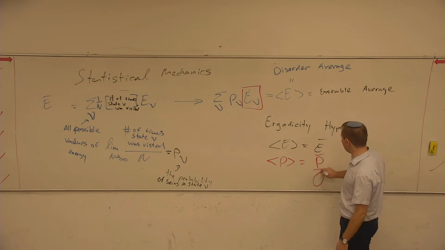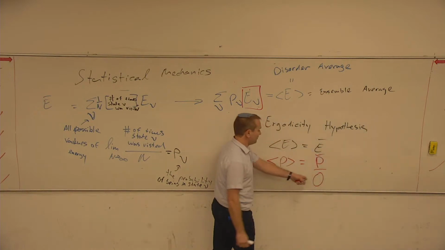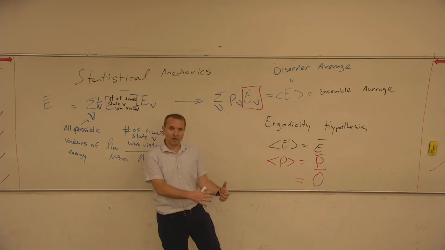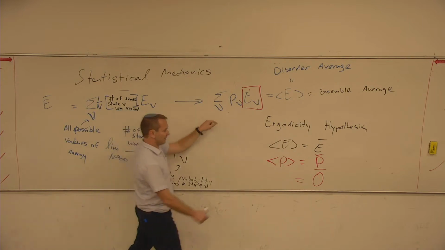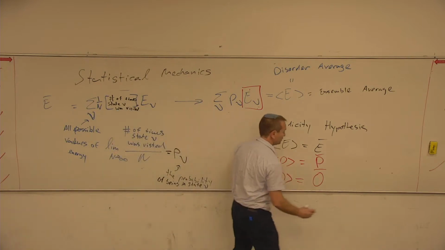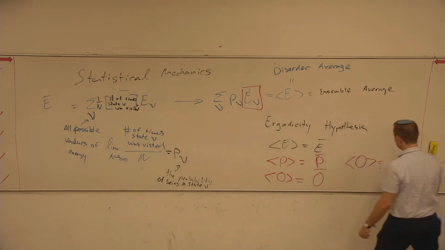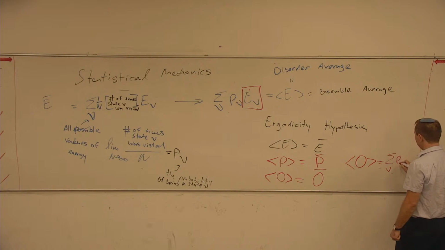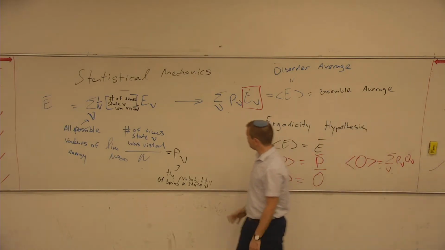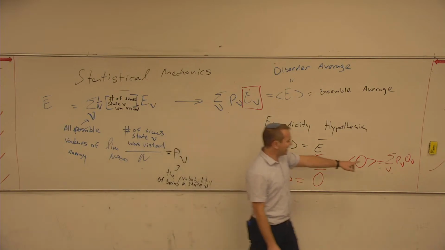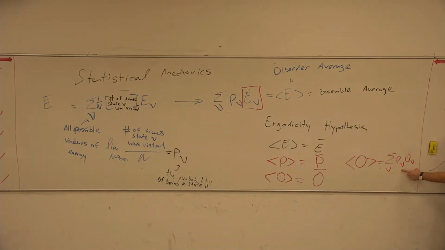The ergodicity hypothesis simply tells me that if you want to calculate something that you are actually observing in an experiment, you go and calculate the ensemble average. O bar, what is O? Brackets is the sum over ni of P ni times O ni. That's it. So for any model, what I need to obtain is what the different states of the system are, what the probabilities of being in different states are, and what the values of my observable are in those states.